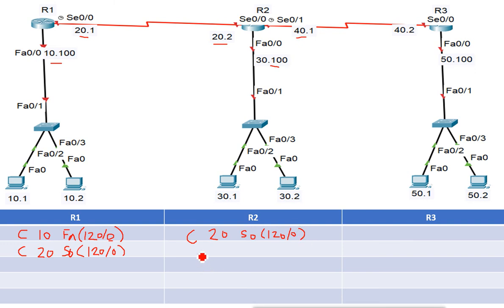Then network 30 is connected from fast Ethernet 0/0, and it also has the AD value of 120 because it is RIP. Because it is connected, the hop count is also 0.